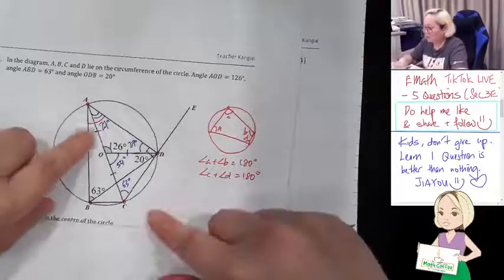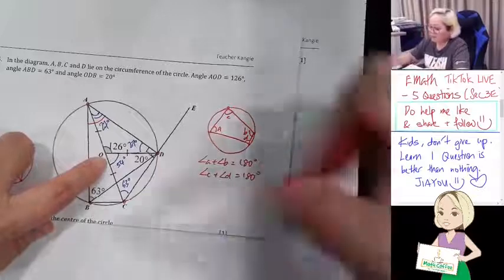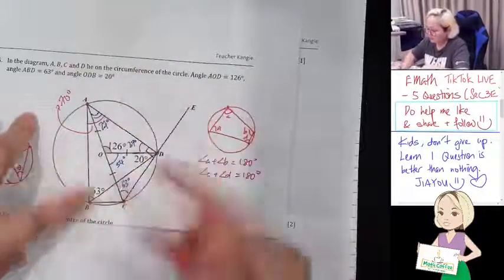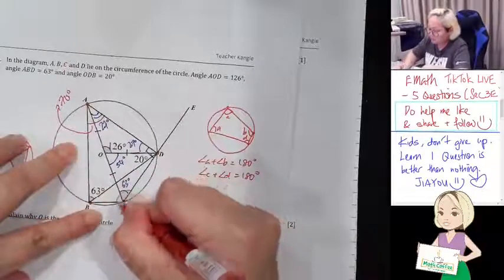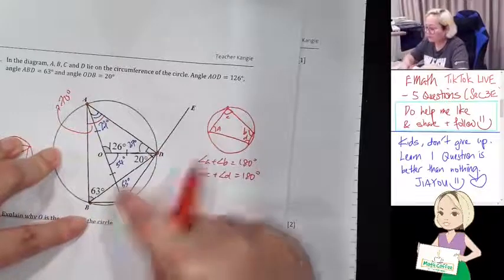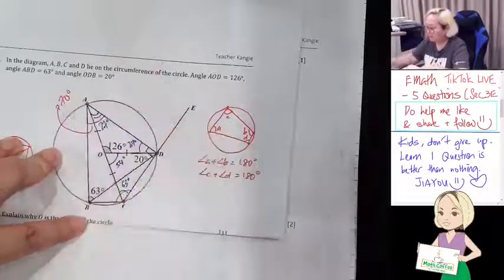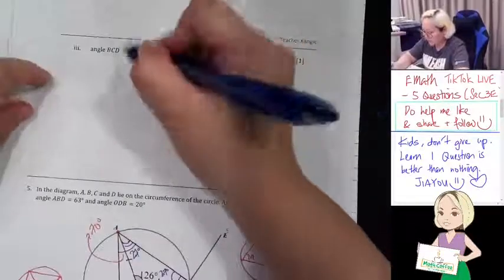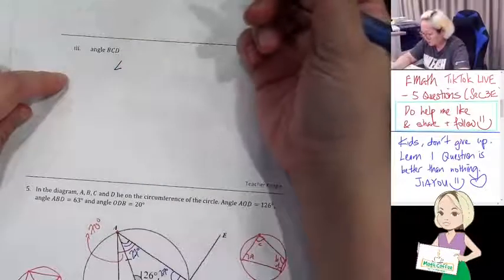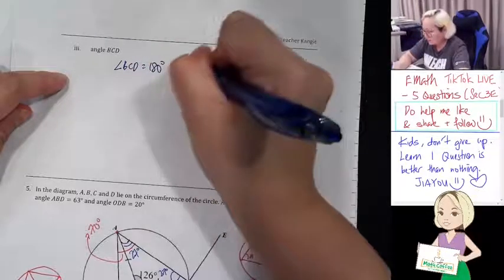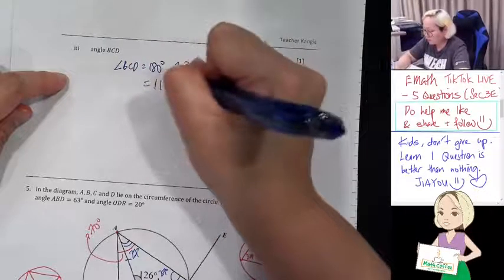Just now we already found this red color one is 70, right? They asked me to find the opposite one, 1, 2, 3, 4, this is opposite. So I simply take 180 minus 70 and I get the answer. Angle BCD is just 180 minus 70 degrees, which is 110 degrees.